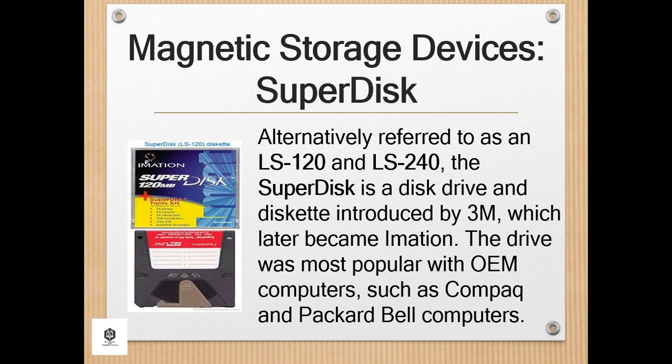The original SuperDisk is capable of holding 120 MB on a single disk, the same size of a traditional 1.44 MB floppy diskette. Later, SuperDisks were capable of holding 240 MB.